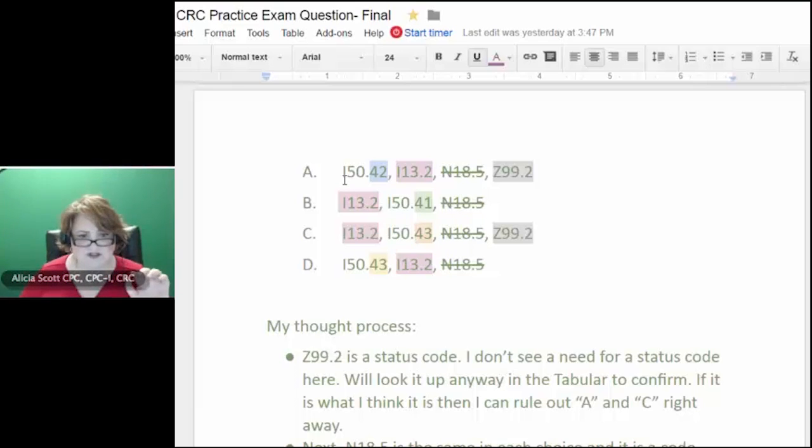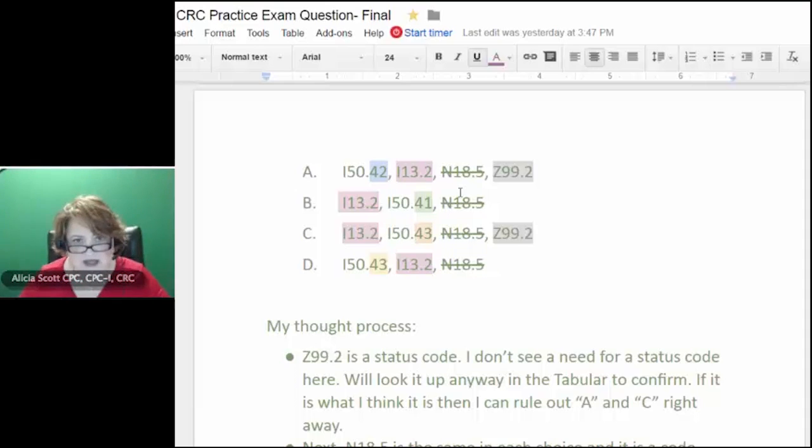And then the code that's probably going to summate and give us the formal answer is the I50.42, and you notice that we have different characters after the point. So we've got 43, 43, 41, and 42. Again, let's see if we can narrow this down.